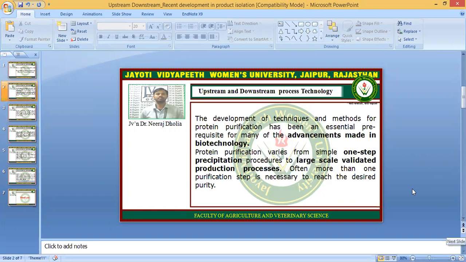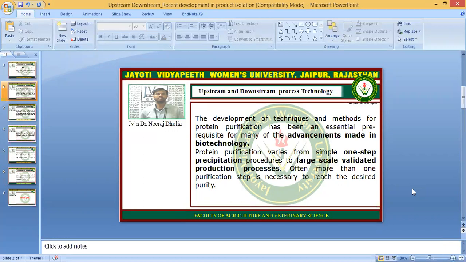So the development of techniques and methods for protein purification has been an essential prerequisite for many of the advancements made in biotechnology. So purification is not a new thing. Product purification is already a conventional thing, but the advancement in the biotechnology process makes it easier and more efficient than the previous ones.